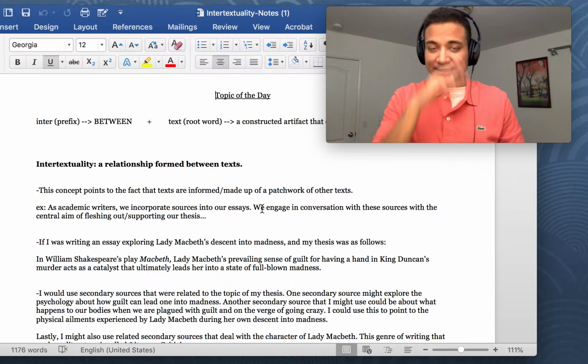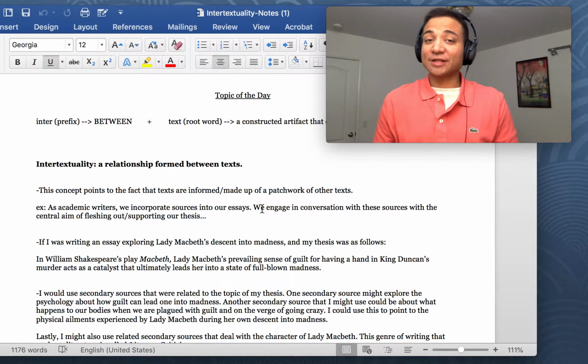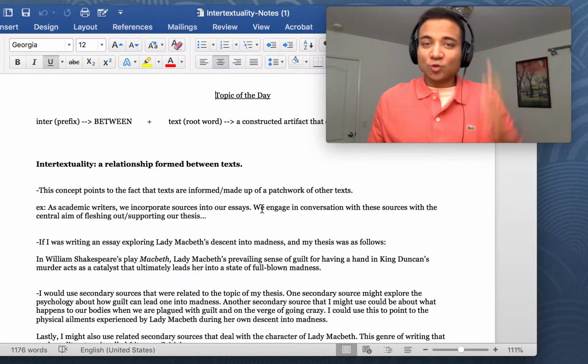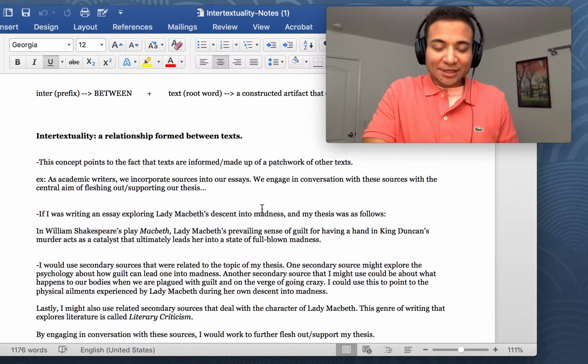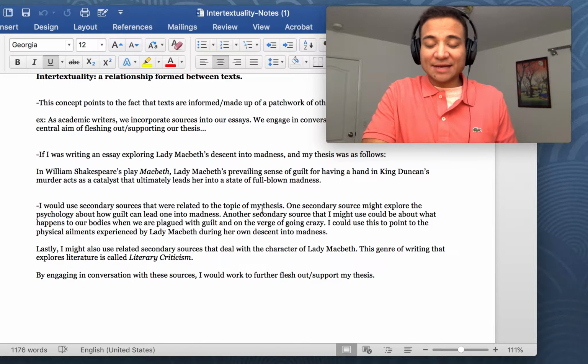So as academic writers, we incorporate sources into our essay to create this larger conversation that we join and we navigate and guide, okay?